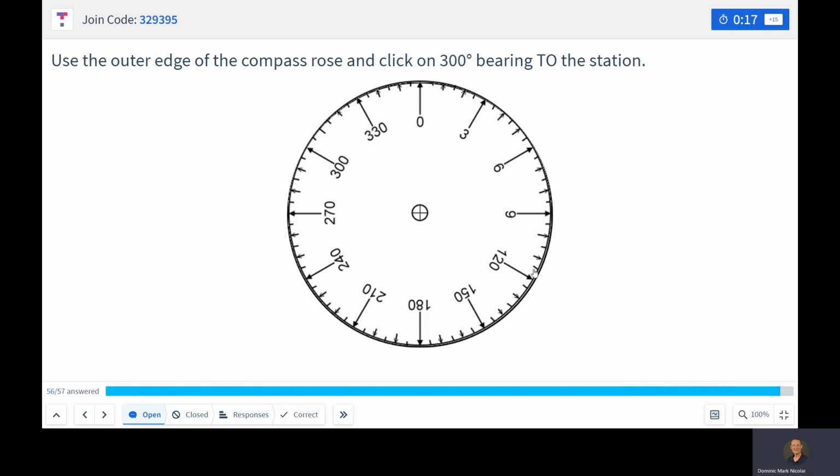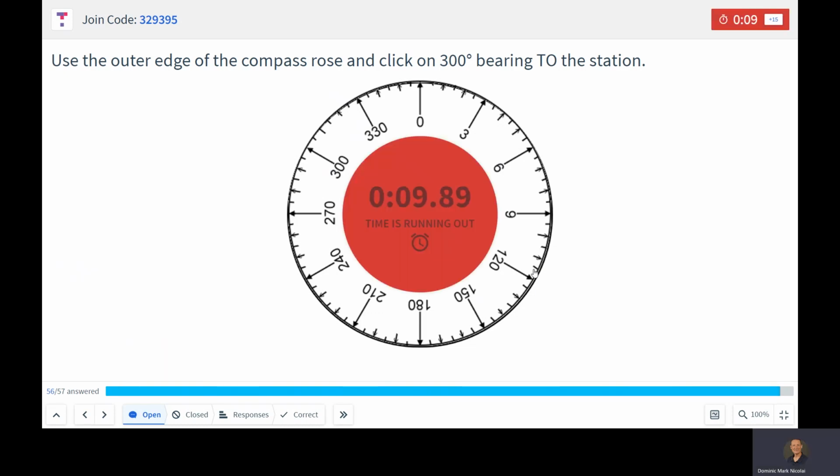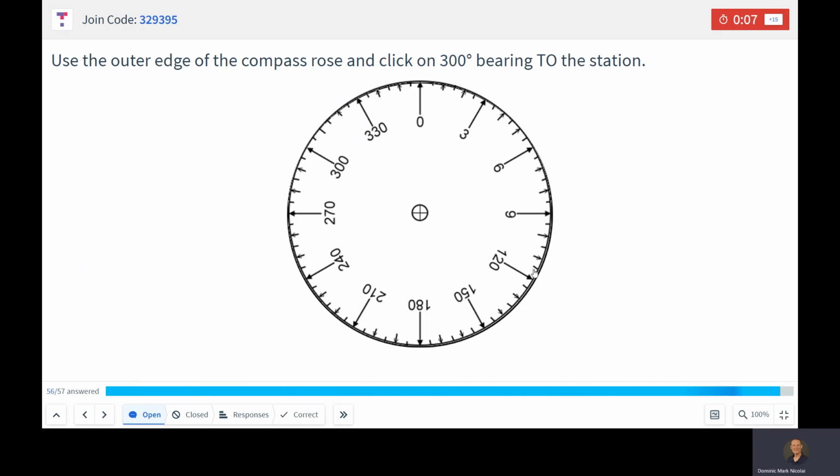Well, actually, we're not discussing necessarily the position since I don't have a display on here. But where is the 300 bearing to the station? That's really what the question is. If I was to draw a course line on here, I can't bring a drawing tool up right now, my course line is right here. That's my 300 course to the station.